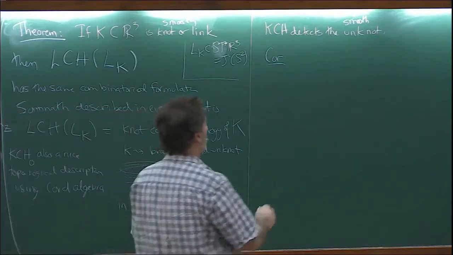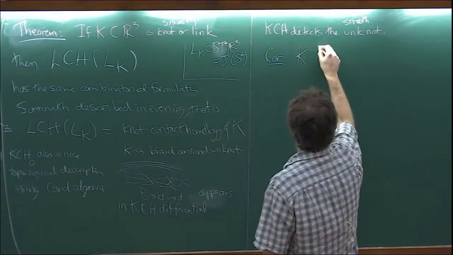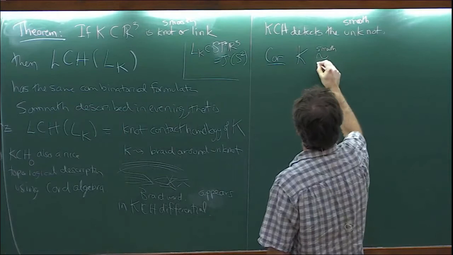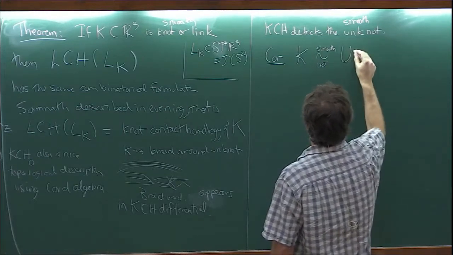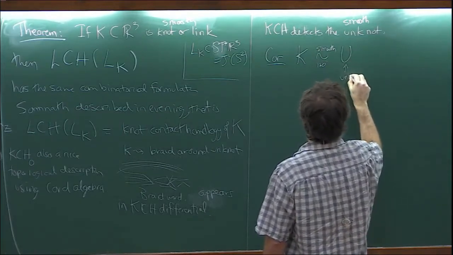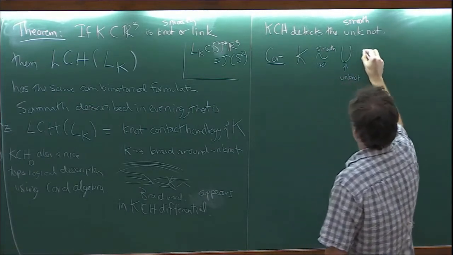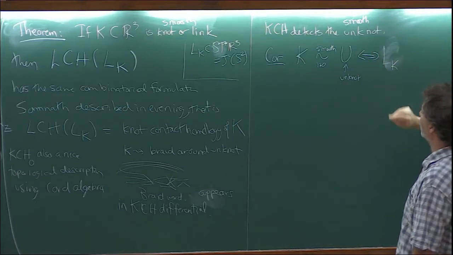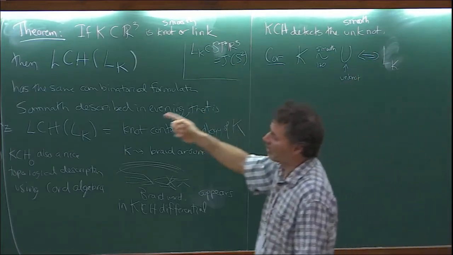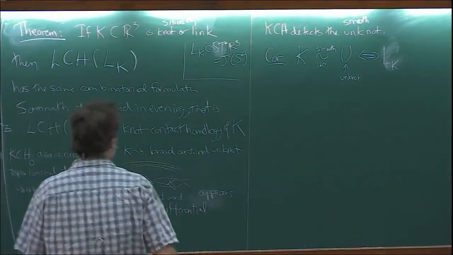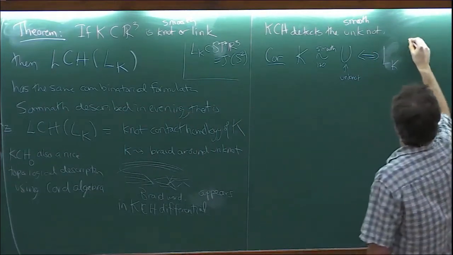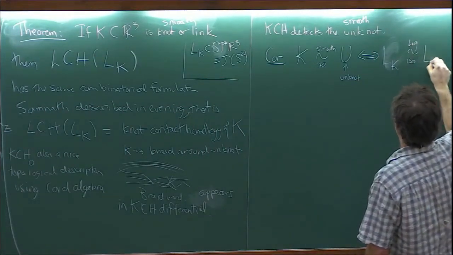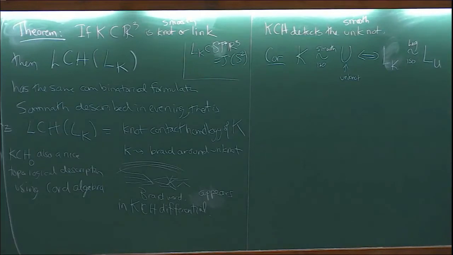So K is smoothly isotopic to the unknot if and only if this conormal construction, I forgot to mention, this is called the conormal construction, is Legendrian isotopic to the conormal of the unknot.